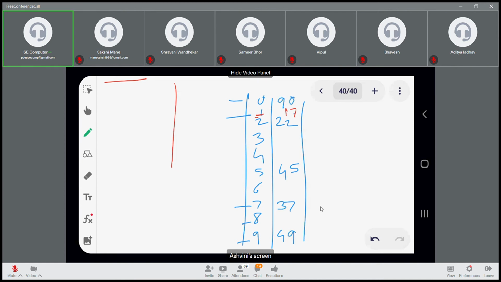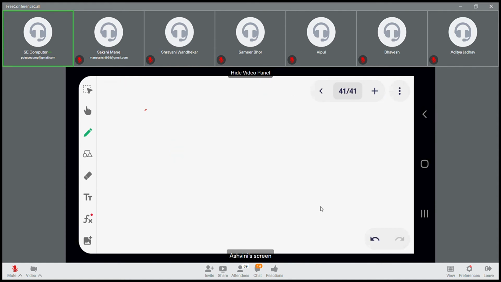Okay, can anyone please tell me what is the double hashing technique and which two formulas we are going to use to find the H1 key and H2 key? H1 key is equal to key mod table size, and H2 key is equal to M minus key mod M.